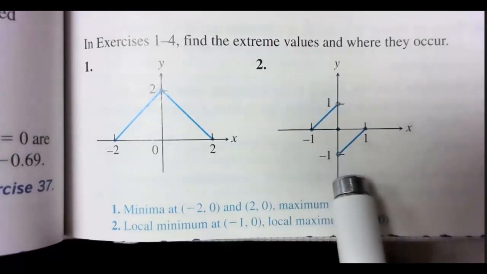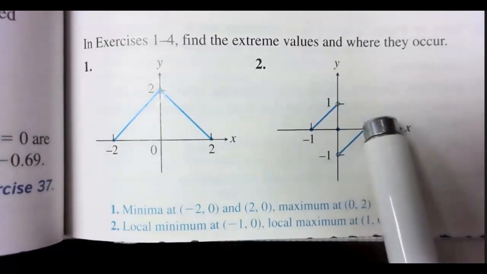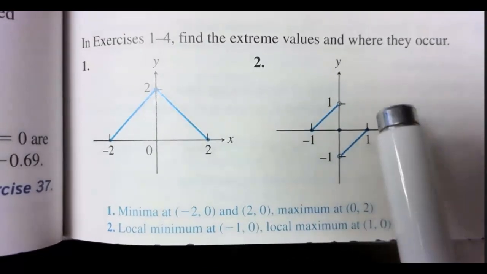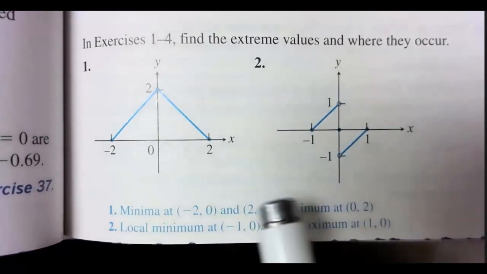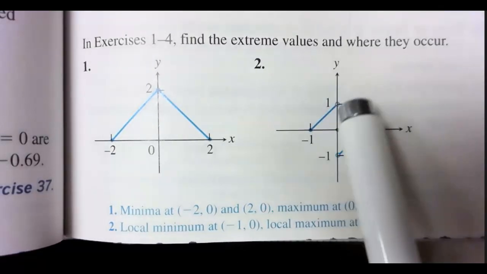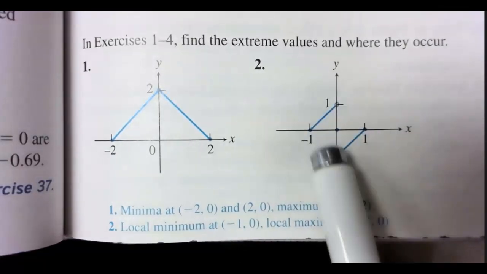Number 2, this is not continuous. Therefore, I am not guaranteed absolutes. I am, however, able to look at the graph and find local. The local cannot occur at the open circles.